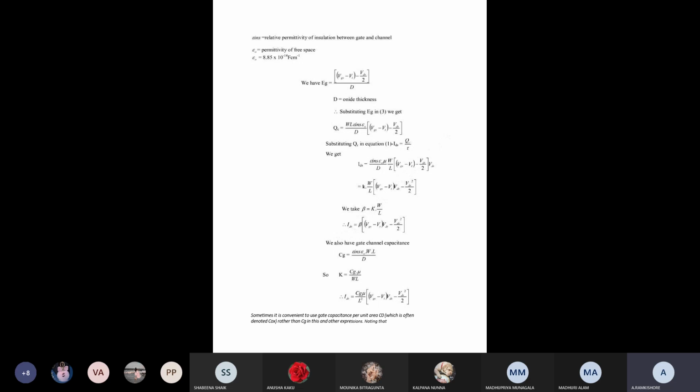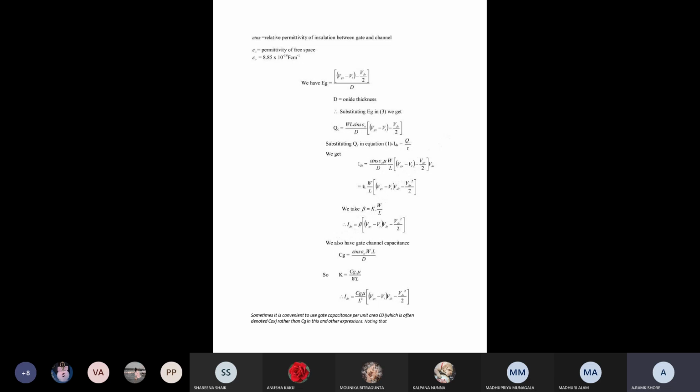This is a constant value. These, epsilon naught and epsilon, are related to the permittivity of the channel and the permittivity of free space, and we assume those values to maintain constant considerations.